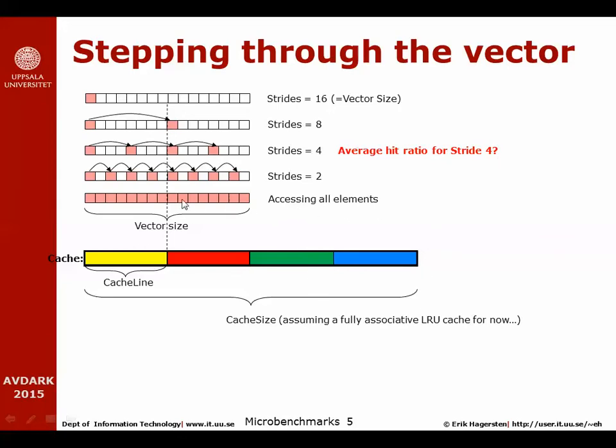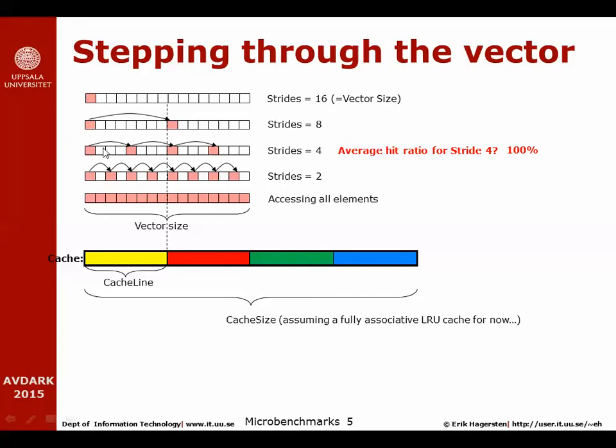Since the cache is twice as large as the vector, and more specifically, we only need to fit 2 cache lines in the cache to fit the entire vector, it's easy to convince yourself that if we repeat these experiments many times, we're going to end up with a hit ratio which is very close to 100%.